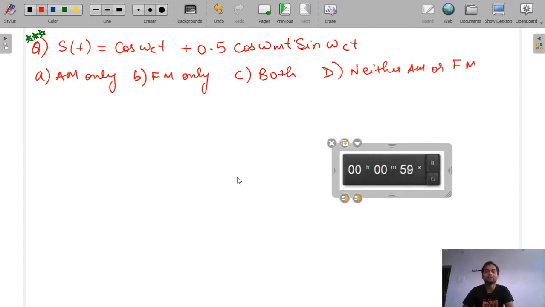See, the signal s(t) is given, and by looking at the equation you have to say whether this signal is AM, FM, both, or neither. So we have 45 seconds. Just comment your answer below. What will be the answer for this question?